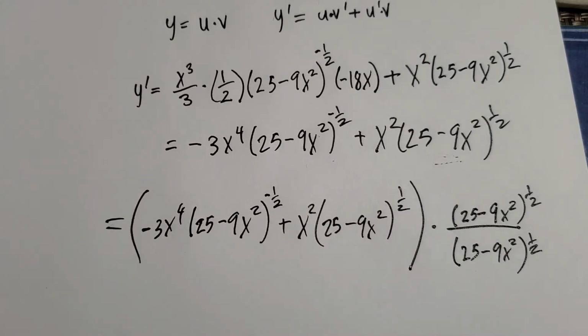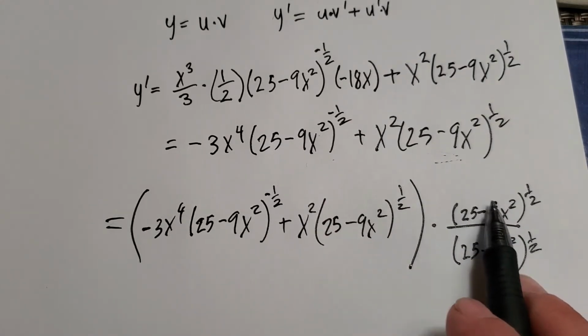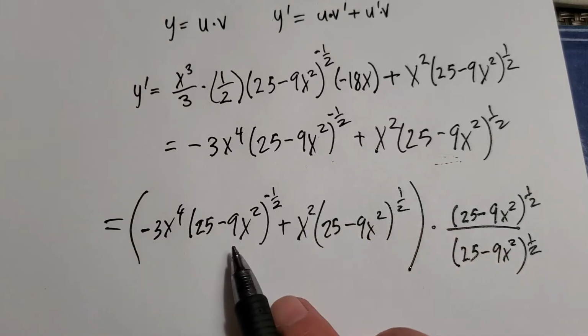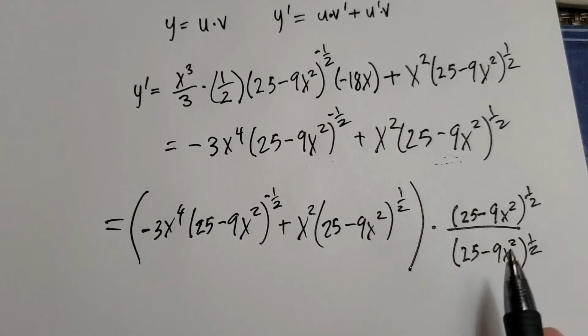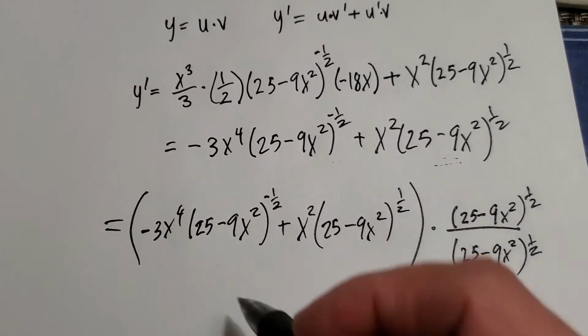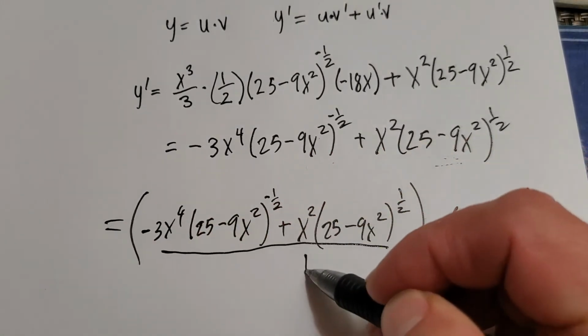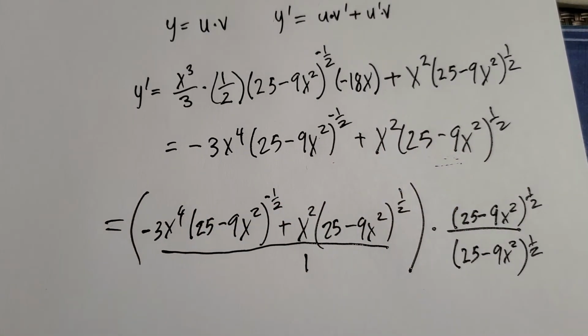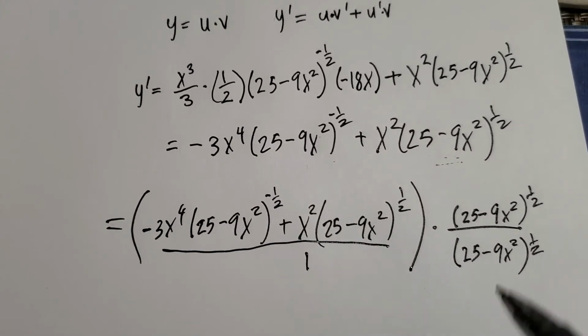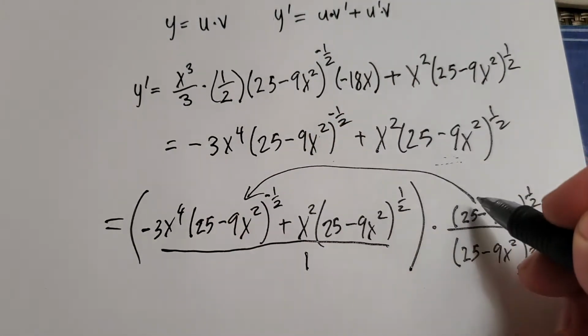We're going to multiply this numerator times each term, and multiply this denominator into this denominator, so it just goes right under everything. Let's get started. We're going to distribute.